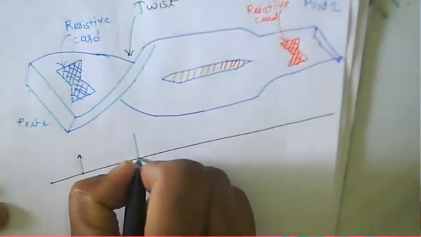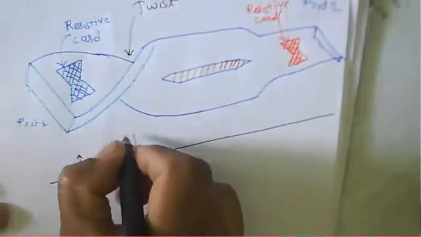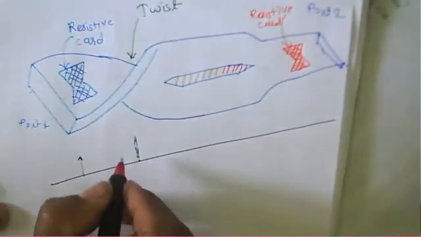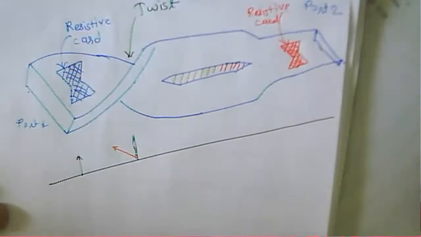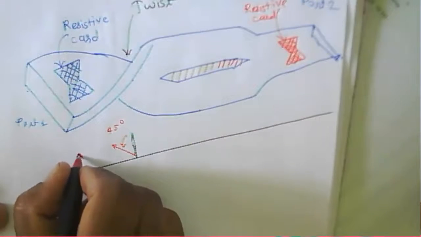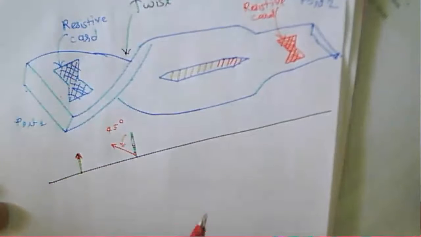When it reaches the twist, what happened to your signal? Generally, we are expecting the signal in this direction. But the signal gets twisted, by 45 degrees. It will be twisted by 45 degrees.